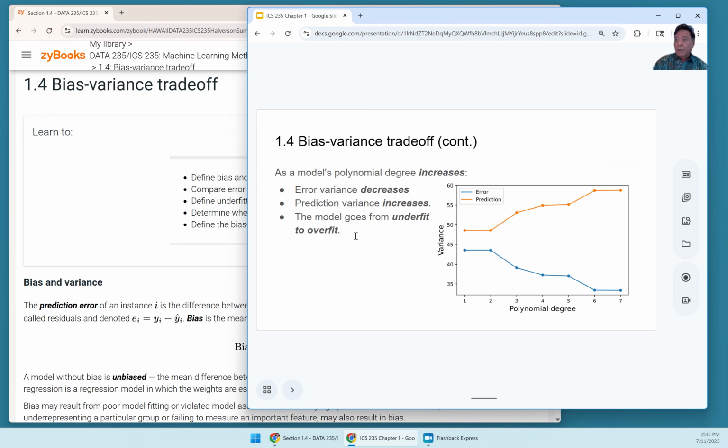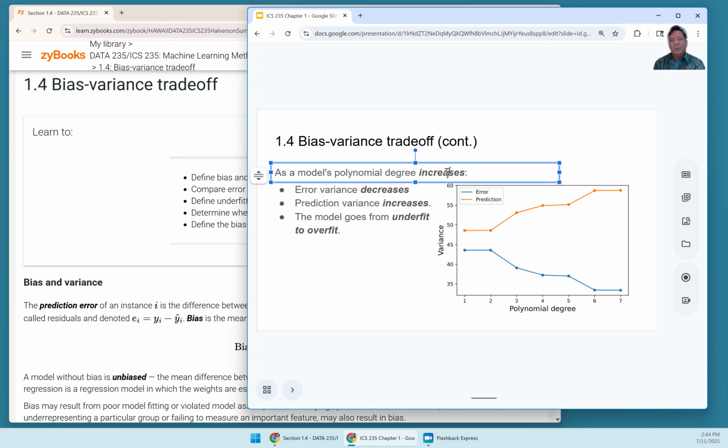And then we should also learn that the polynomials, so this is for regression, because we have polynomials. One thing to know is that when the polynomial degree increases, that means the equation for predicting is more sophisticated.